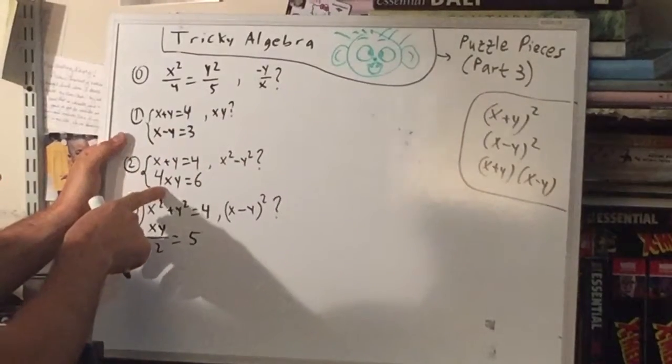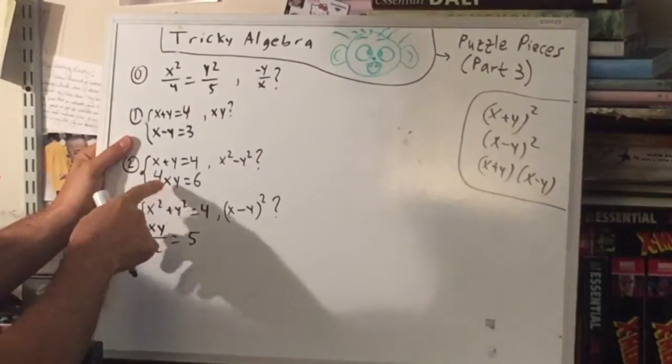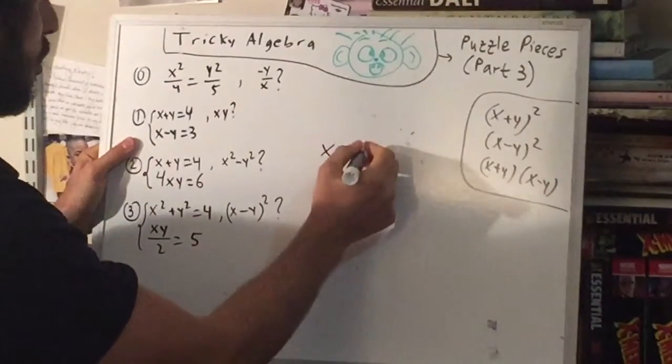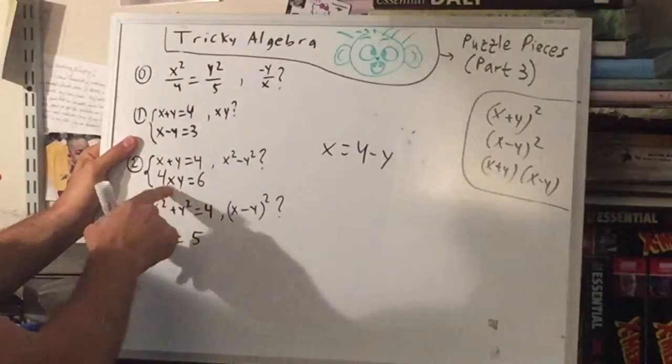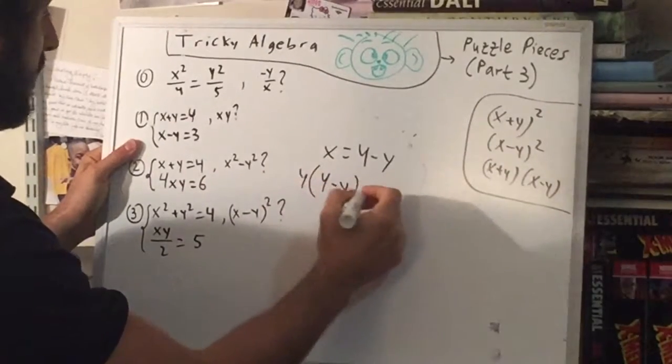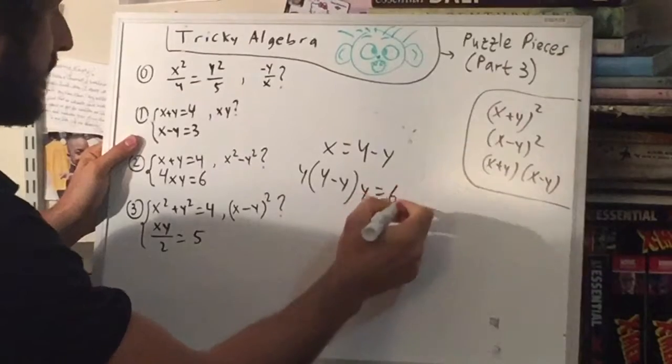For number 2, if you try the traditional way, it's going to be kind of annoying. So let's try substitution. So we'll do x is 4 minus y. We could plug that into here. So that's 4 times that times another y equals 6.